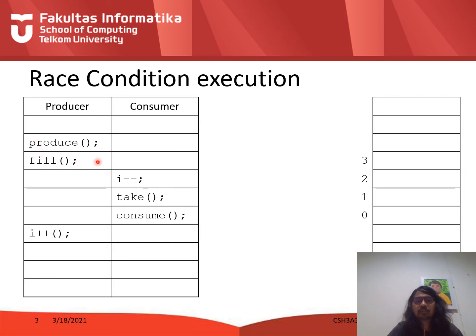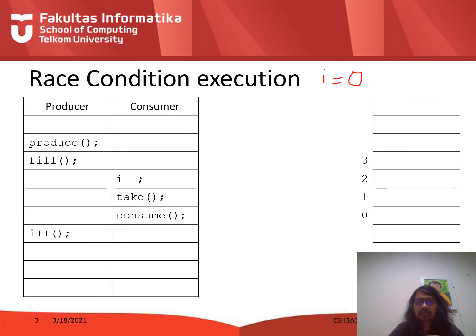So here an interruption happens and the consumer runs its program, and when it is done, it will go back to the producer program. Don't forget, before this happens, the buffer is initiated to I equals 0.